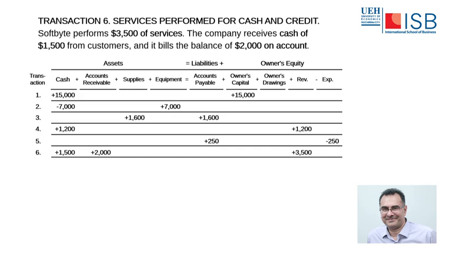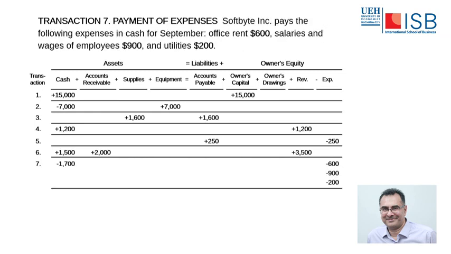Transaction number 7, I paid some expenses in cash, office rent, wages and utilities for a total of $1,700. So my cash is reduced by $1,700, and my expenses are also increased, but it's shown as a negative. So again, my equation is in balance.